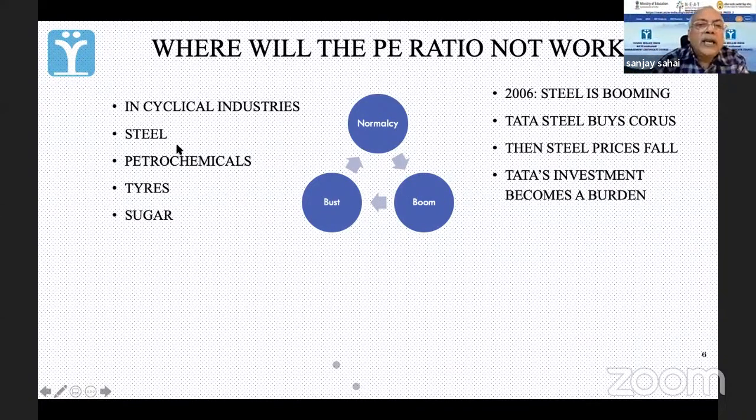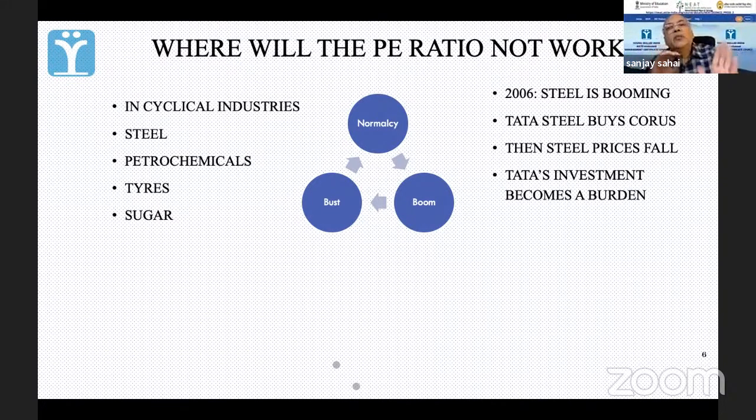Now, if you look at these industries, steel, petrochemicals, tires, sugar, you will find that it follows a cycle. If the industry is following a cycle, the growth will not be 15% or 16% or 20% every year.